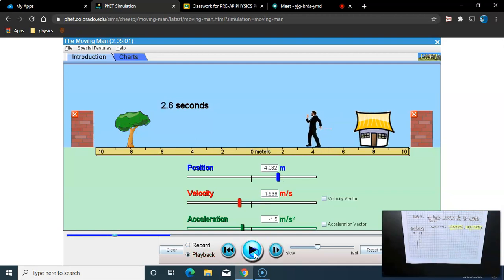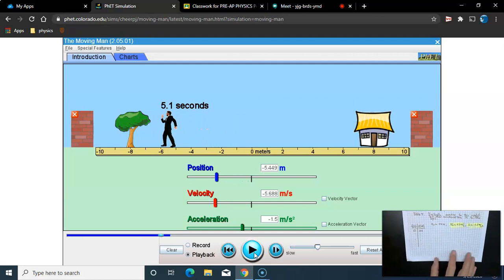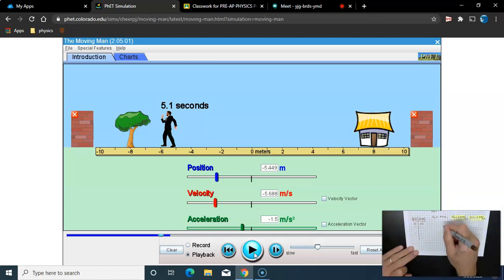Try to get it every half second. And then you make sure you write your numbers on the table and generate the graph, position versus time, and you do the graph on Sheets.